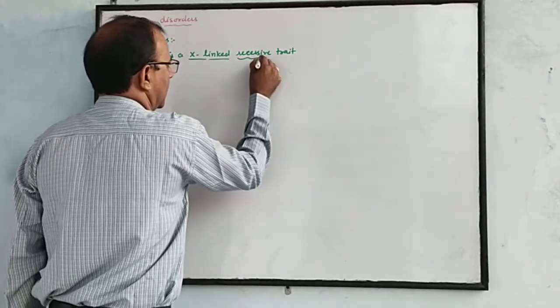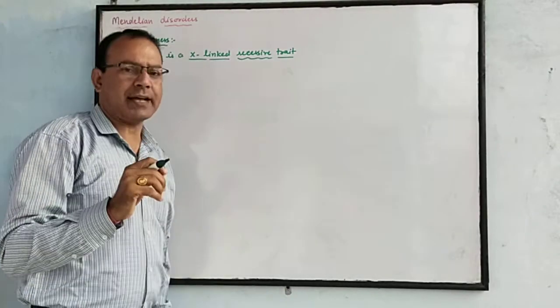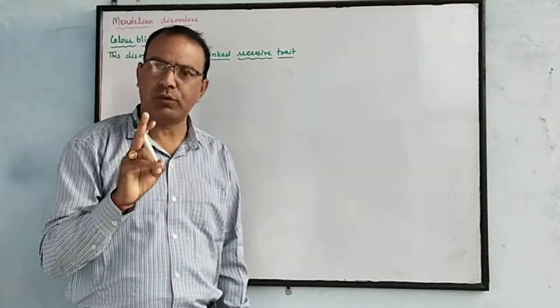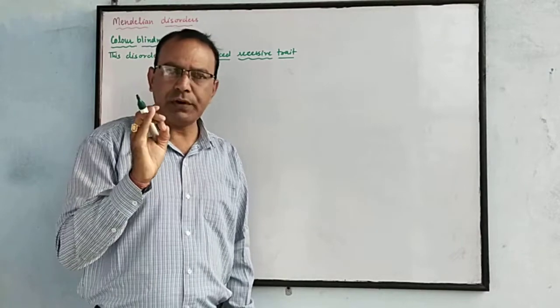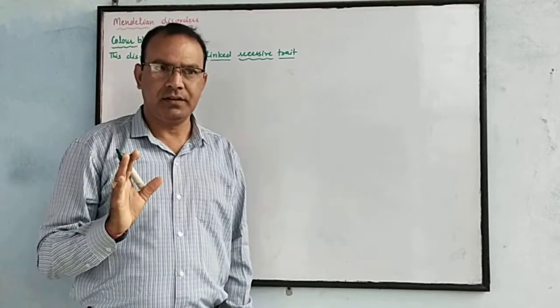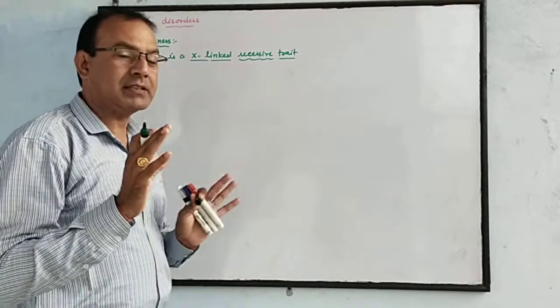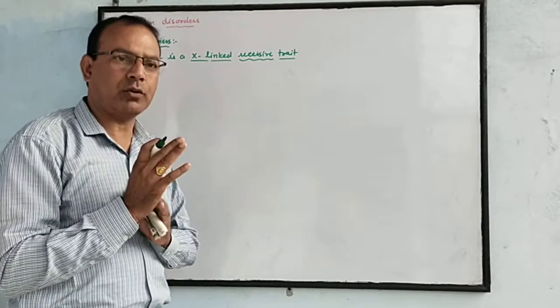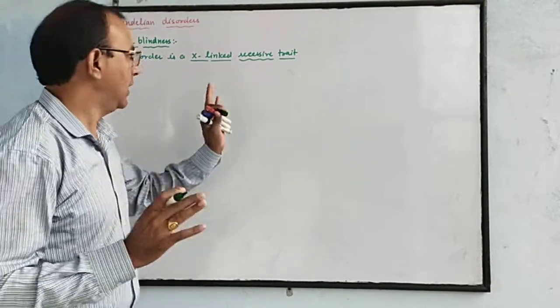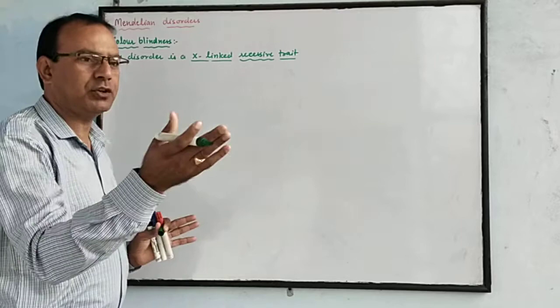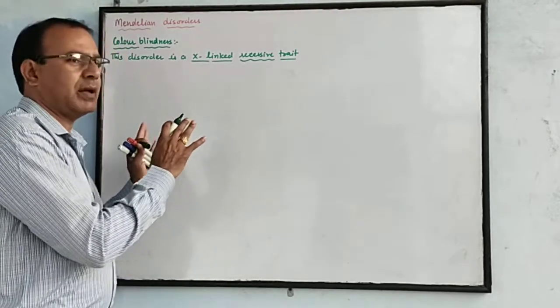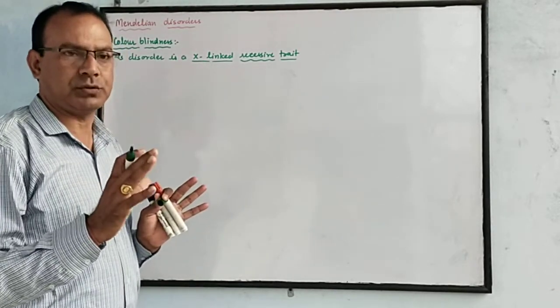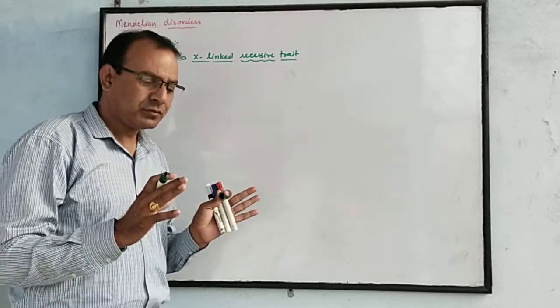It means a female has both X and X chromosomes and a male has only a single X chromosome. If a female is a carrier, then one X chromosome is affected and it spreads from one generation to the next. This disorder may spread like a crisscross. What is crisscross?